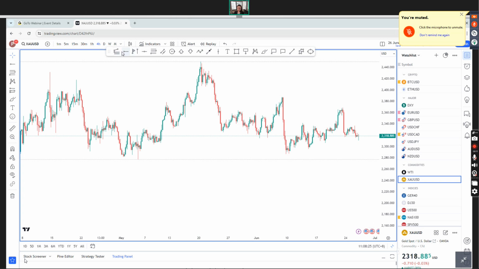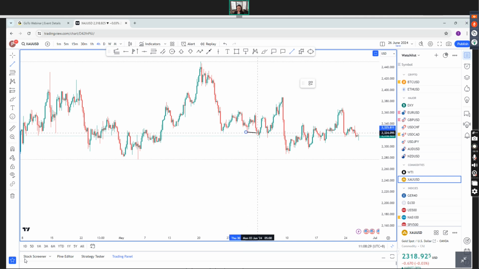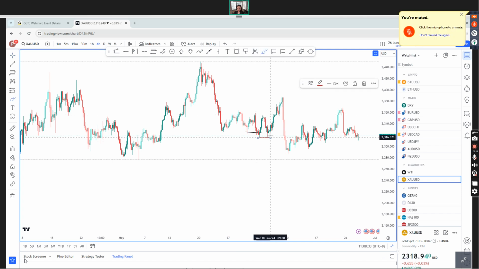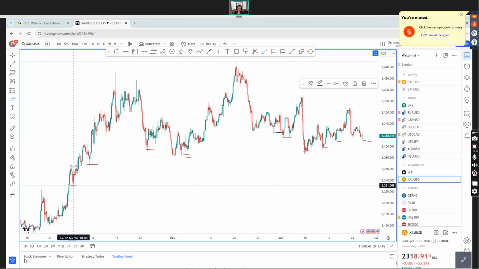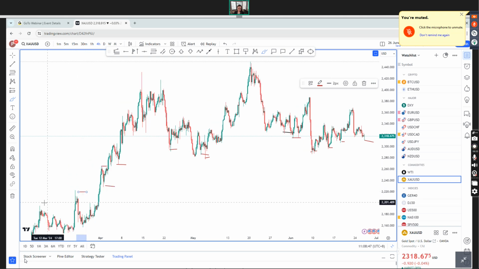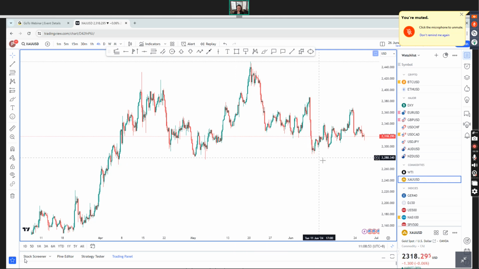If I identify this as my swing low support, and this also, and this also swing low, not every swing will you identify as a swing low support. Those are really tiny moves and we will ignore them. We cannot identify every swing.